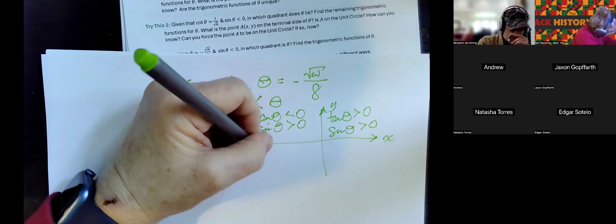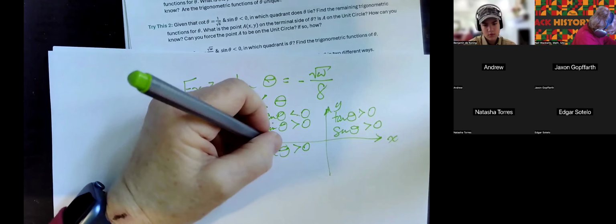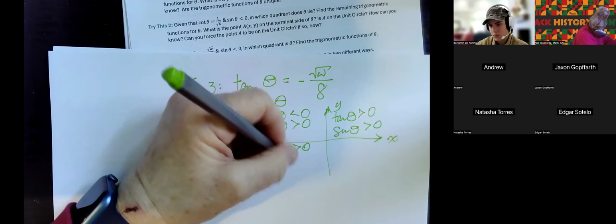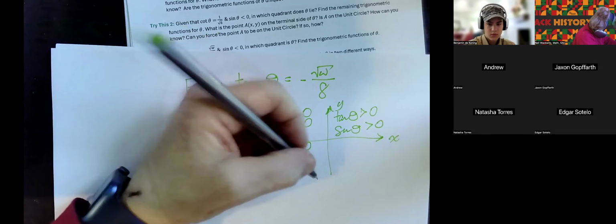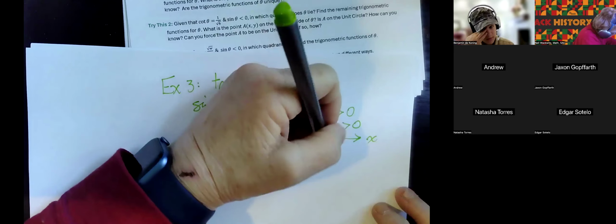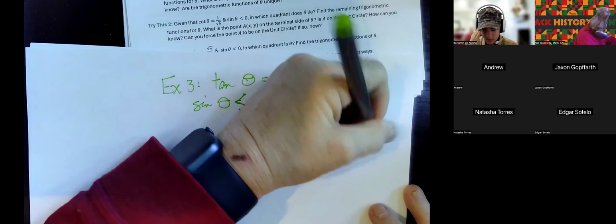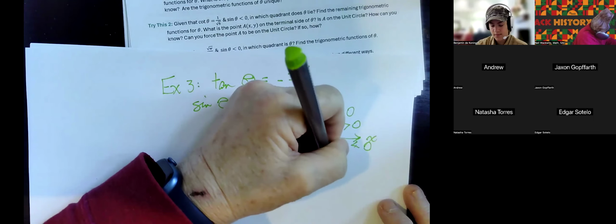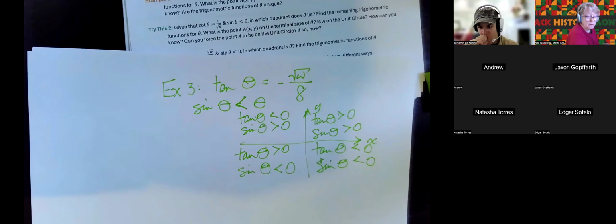Tangent is positive in quadrant 3, whereas sine is negative. Good. And in quadrant 4, they're both negative. And which do we want?